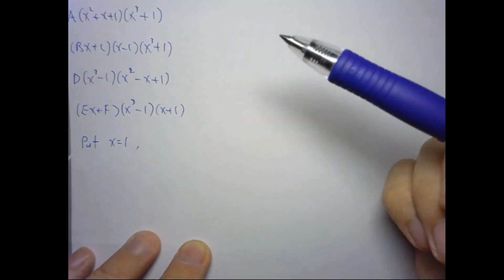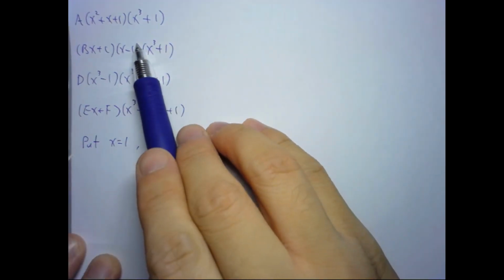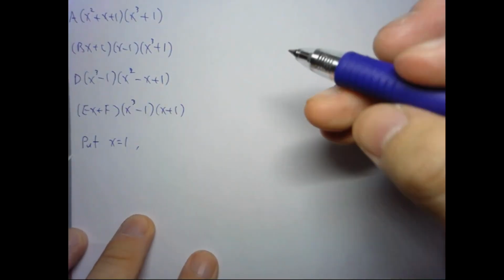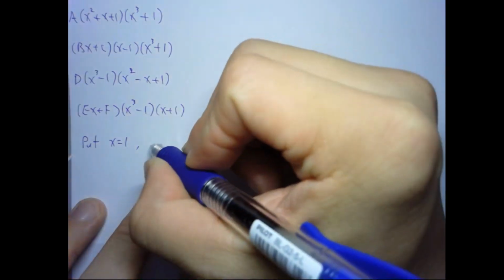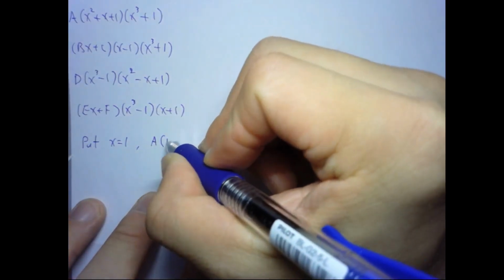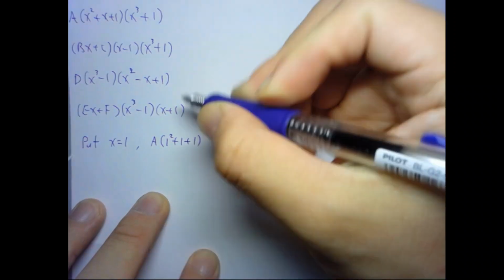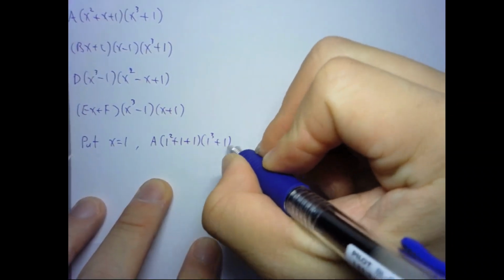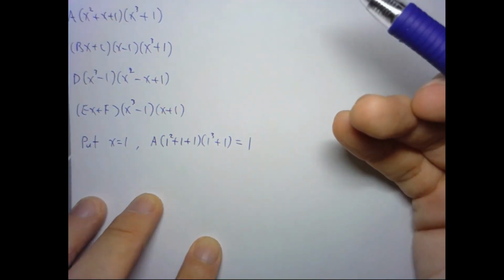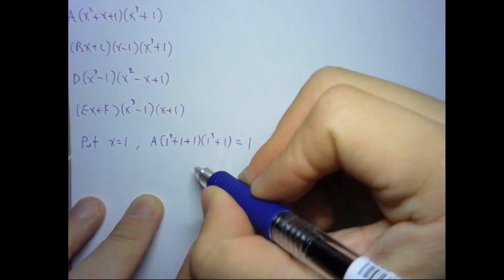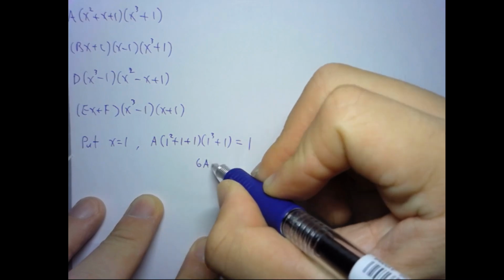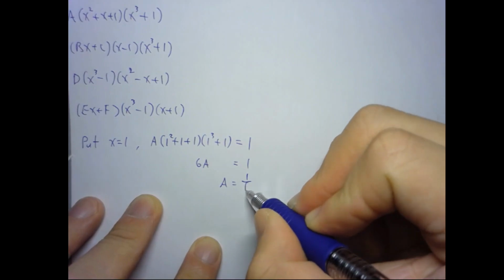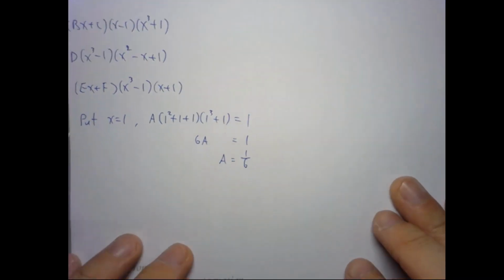Okay, when x equal to 1, the last 3 big terms will vanish, and then a multiply 1 squared plus 1 plus 1, which is here, and then multiply by 1 cubed plus 1 is equal to 1. So we have 6a equals 1, and a equals 1 over 6. So we can solve the first unknown.